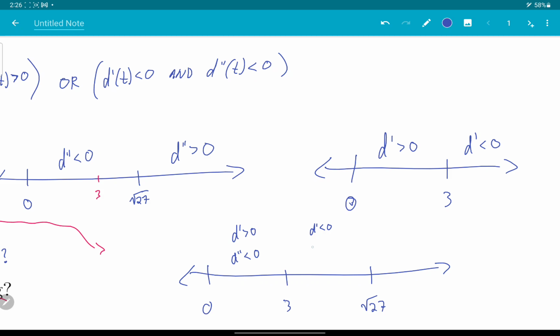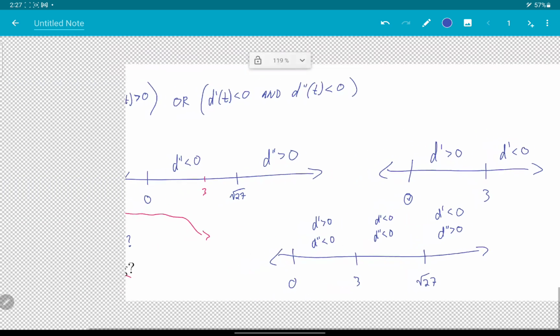Nope, d double prime less than 0 as well. And finally, for bigger than root 27, I have d double prime bigger than 0, and d prime less than 0. Okay, take a quick look at that and make sure we got it right. Okay, 0 to 3, bigger than 0, less than 0. Okay, so I think we're set.